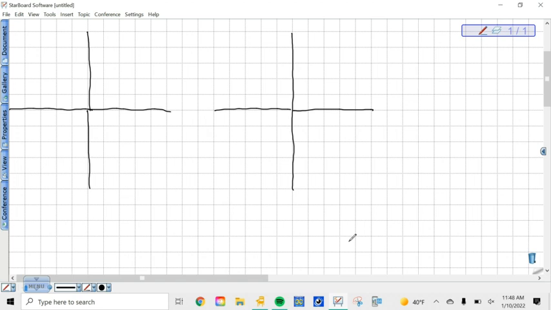So start with what you know. If you don't feel comfortable with standard form, I know that all of you can graph from slope-intercept form, so start with that second section and start graphing.